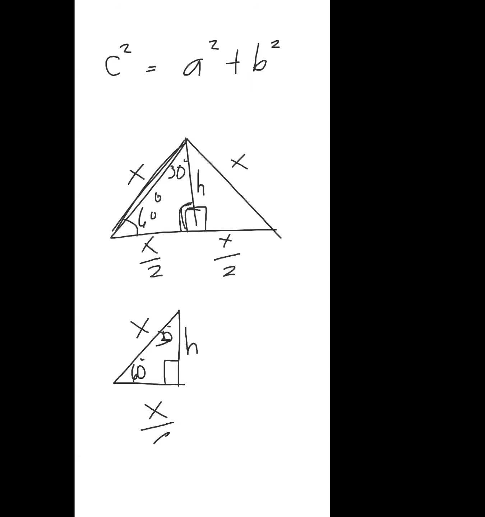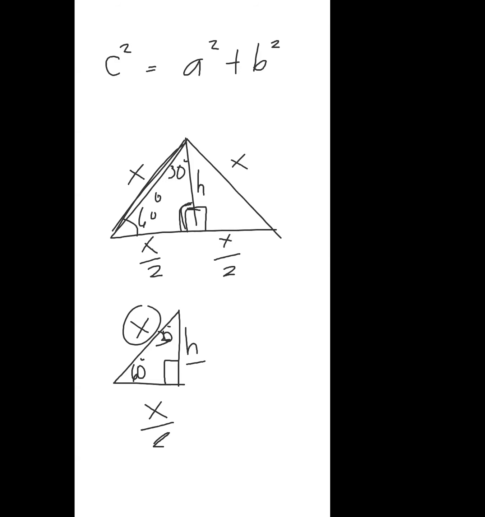Okay? Kung papansin niyo, ito yung ating hypotenuse. Tapos, kung ang ating 60 degrees ang hinahanap, so meron tayo dito opposite, at ang adjacent mo ay yung x over 2. Pero kapag 30 degrees, ang opposite mo ay yung x over 2 at ang adjacent mo yung h. Okay?